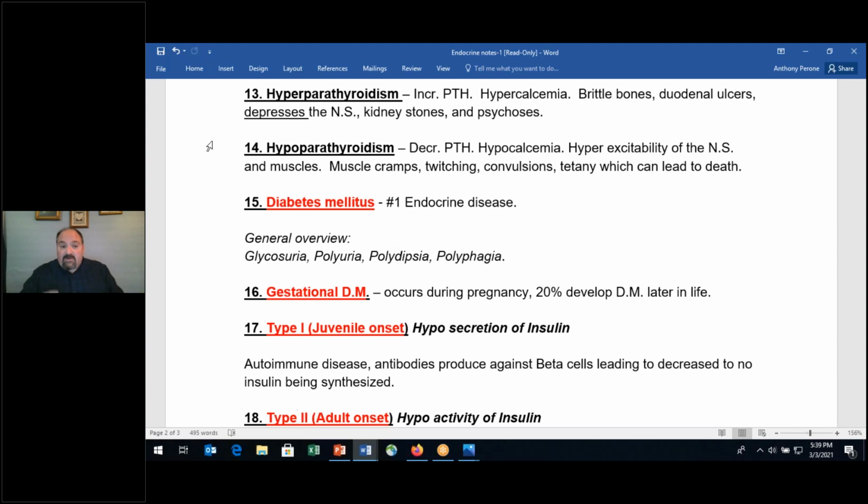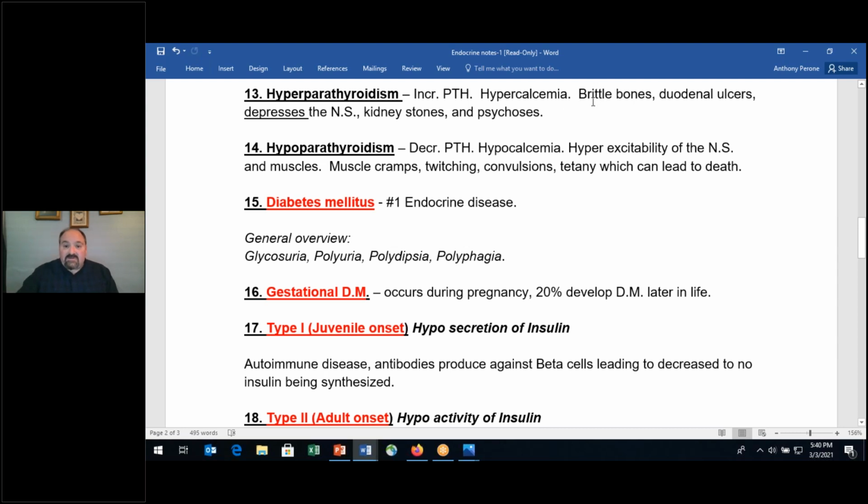So parathyroid hormone's action would be to increase blood calcium levels by increasing osteoclastic activity. Now, if we have too much parathyroid hormone, there'll be hypercalcemia, right? That makes sense. We're going to have too high a level of blood calcium.